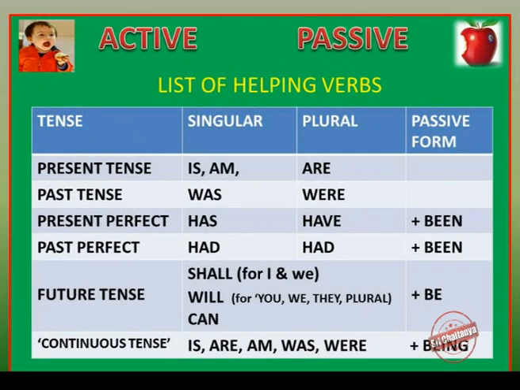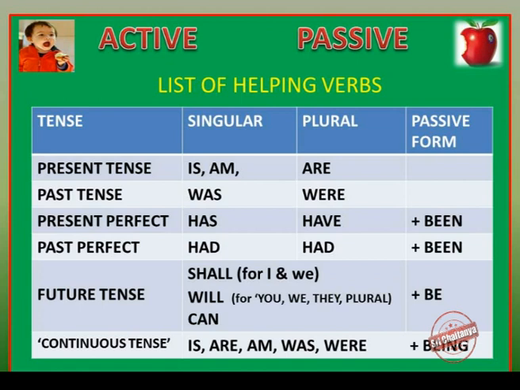List of helping verbs. Present tense: is, am in the singular form, and are is used in the plural form. Past tense: singular helping verb was, plural helping verb were. Present perfect tense: helping verbs has for singular, have for plural.